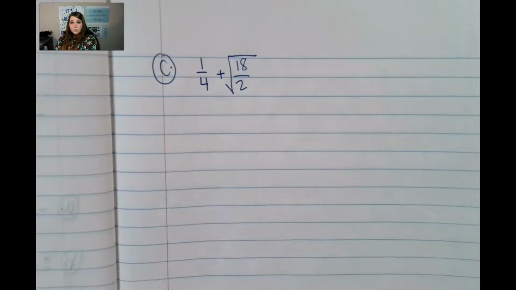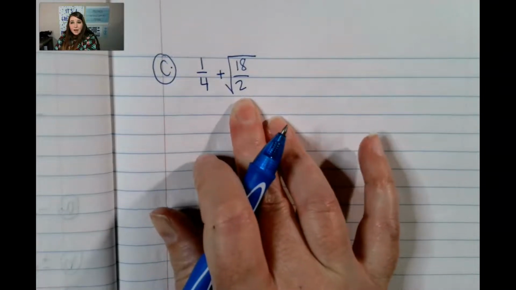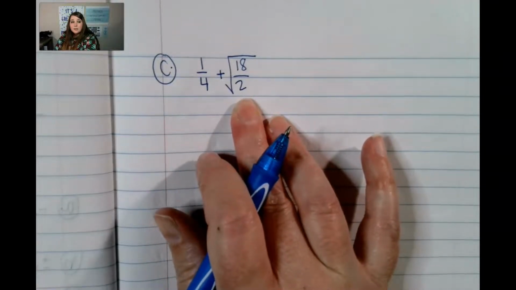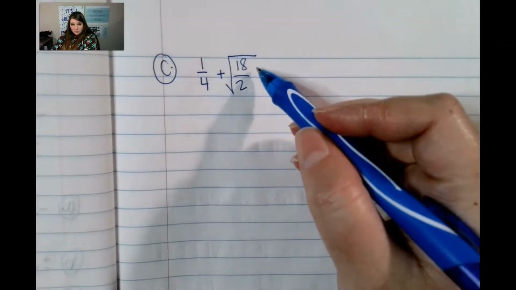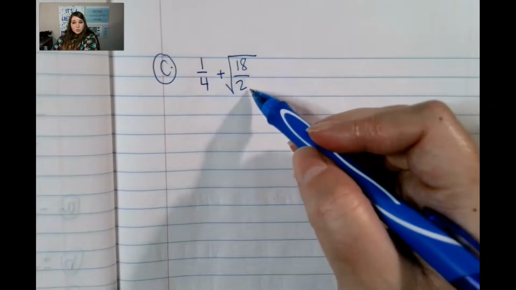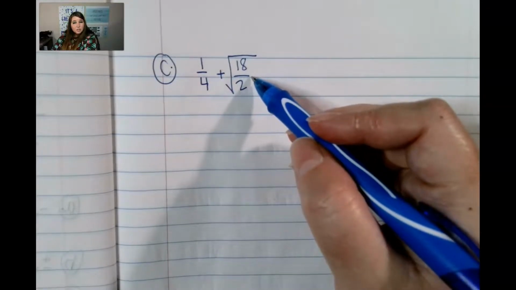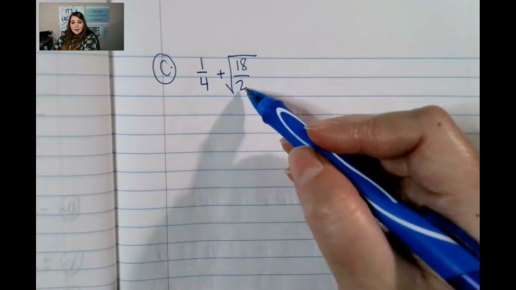Okay, so first we want to check this out. How do I even solve this thing? Well, we know that the square root of 18 over 2, think of this as division. 18 divided by 2 is 9.